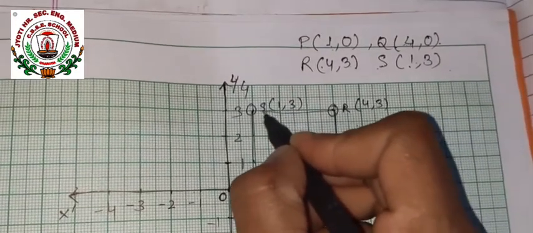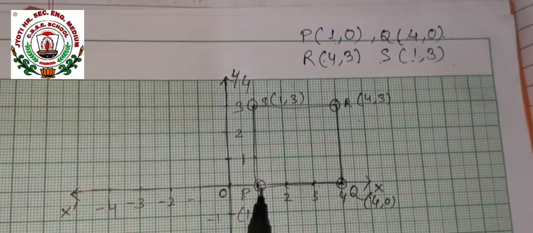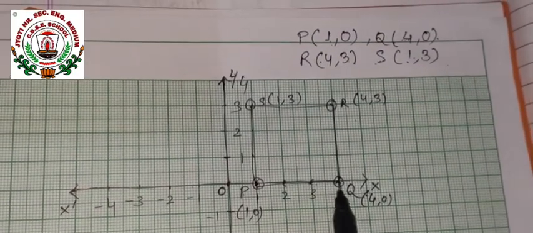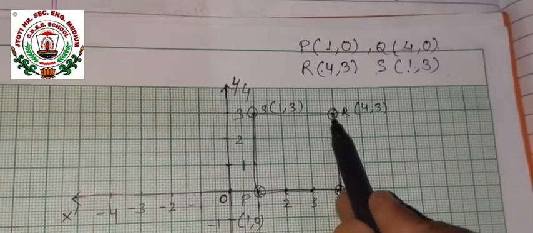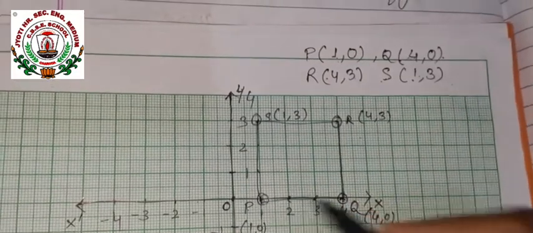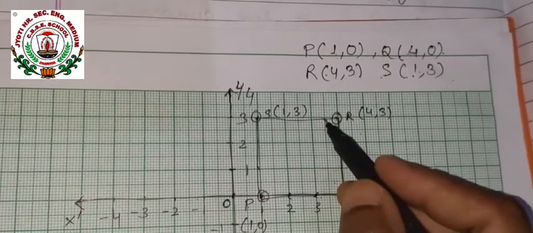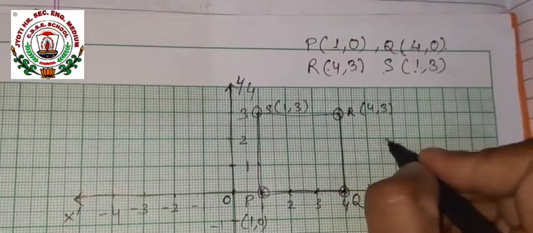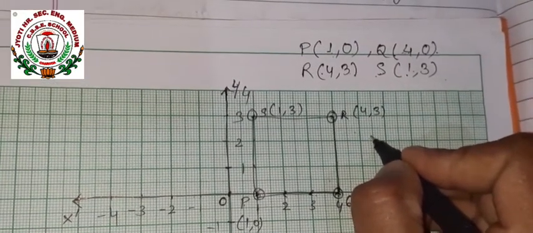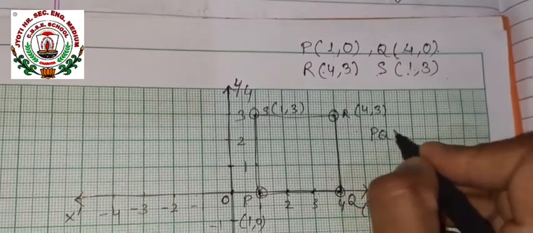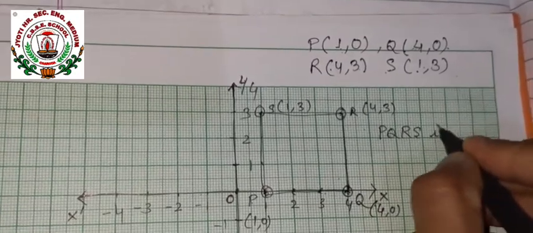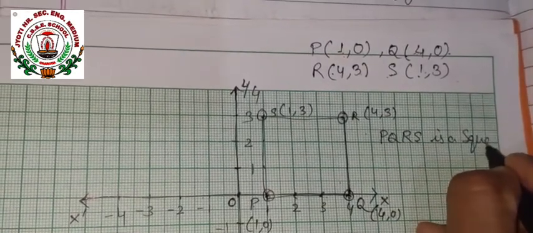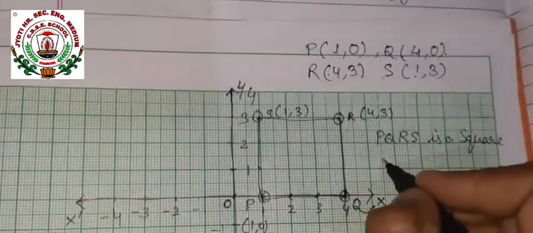So now which figure did we get? Here also you can see 1, 2, 3 units. All the sides are equal, so what is it? Square. Yes, very good. So now here PQRS is a square because all the sides are equal.